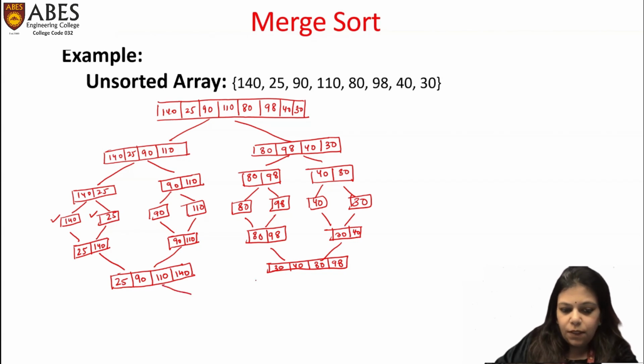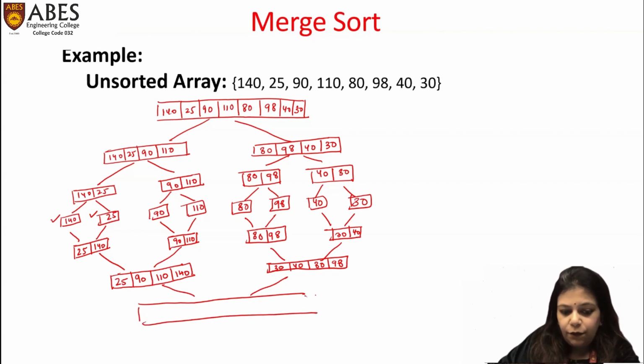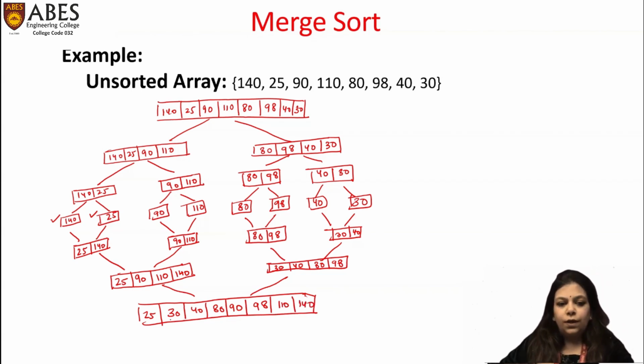Now we have to merge these two arrays and you can see that after merging these two sorted arrays, we will get the final outcome, which will be the final sorted array having the values 25, 30, 40, 80, 90, 98, 110 and 140. So we can see that the array is sorted.